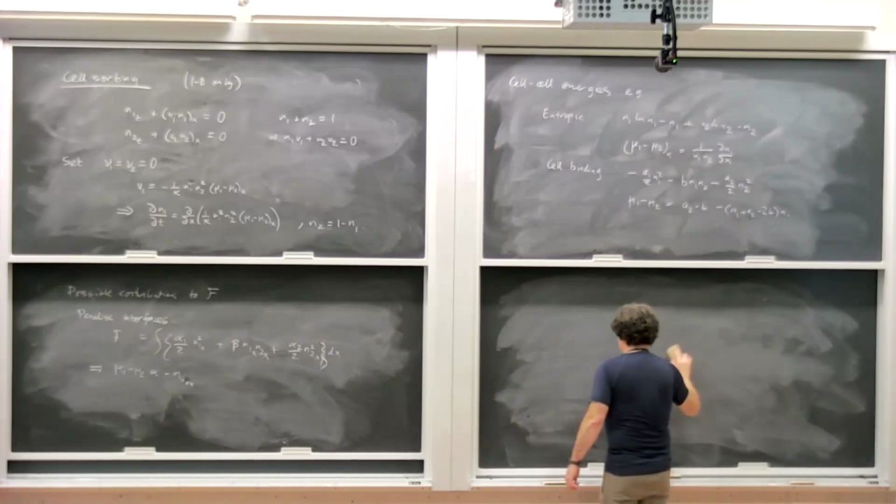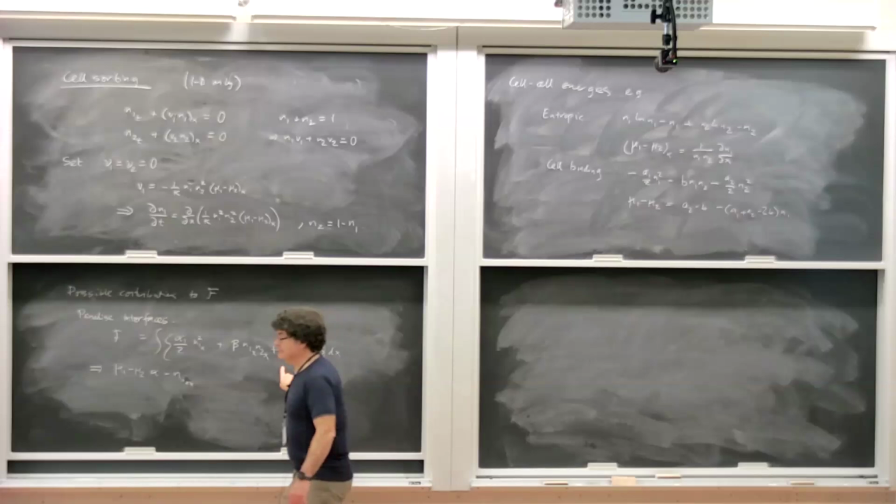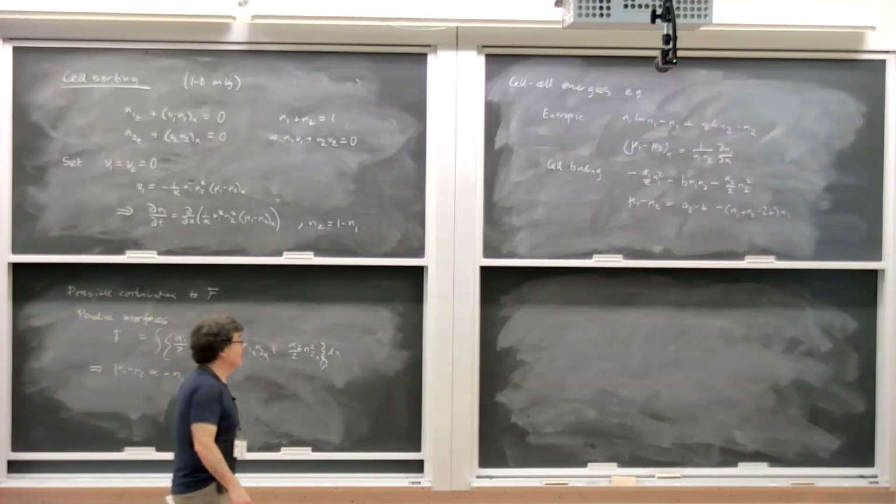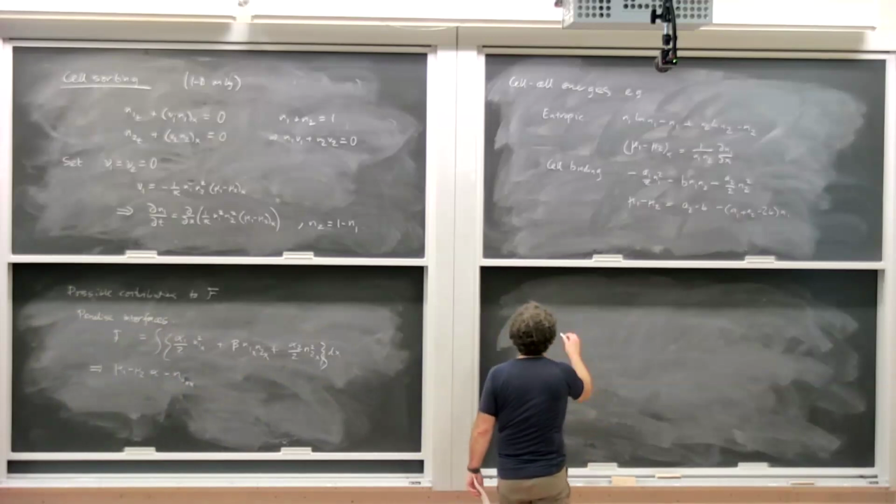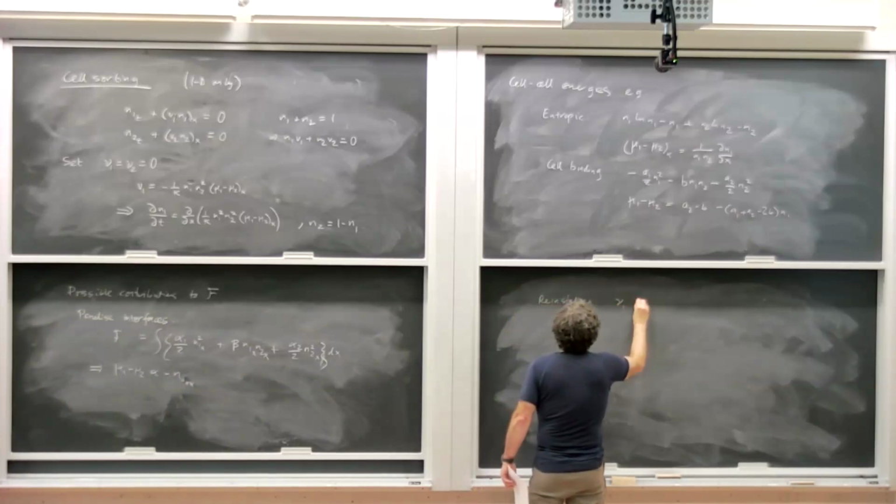My view is that these kinds of terms are rather artificial in this context. In particular, they account for the fact that cells are discrete objects. I'm going to finish by saying essentially what happens if you reinstate the velocity terms, viscous terms rather. So, very final comment, reinstating mu1 and mu2.